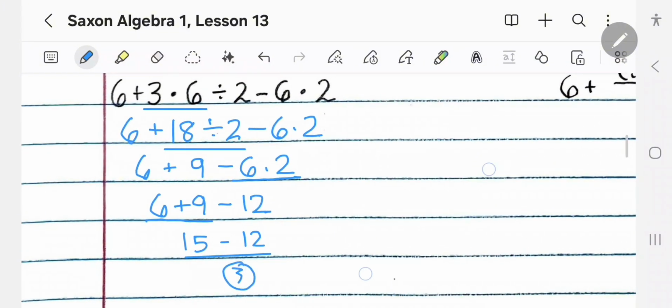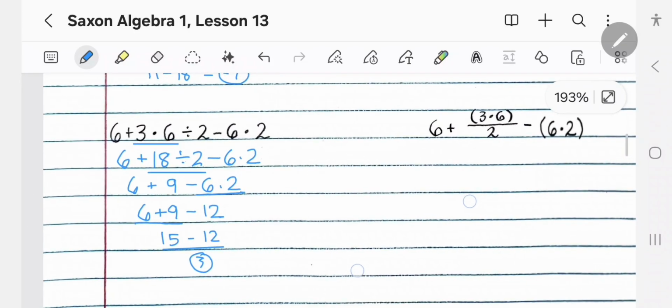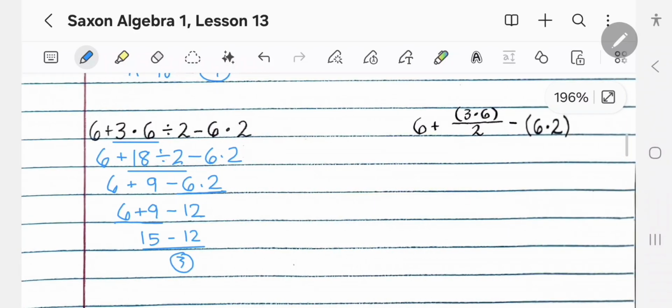Now, I want to compare that to if they had written it like this. Now, this is the same problem with a different notation. You've got 6 plus, and then you've got the 3 times 6 divided by 2. Writing it this way is more clear as to how and when you should do each operation.